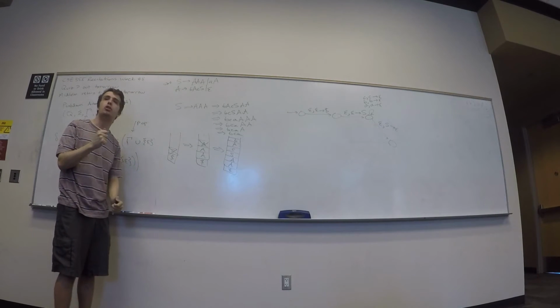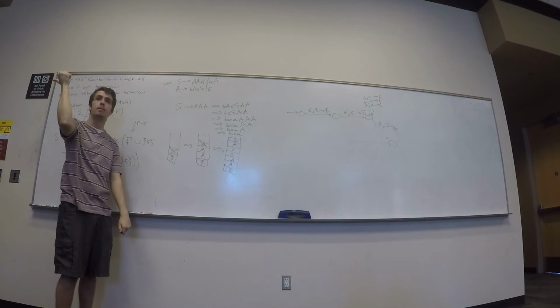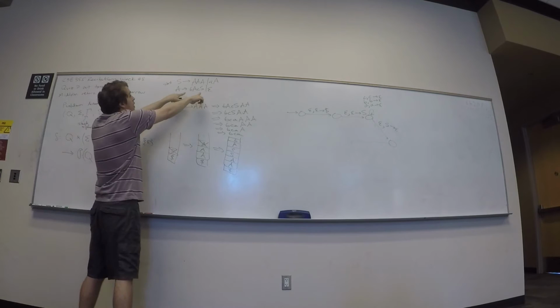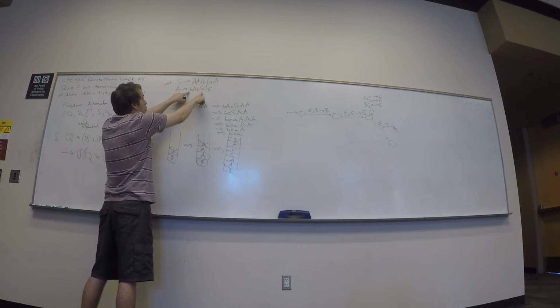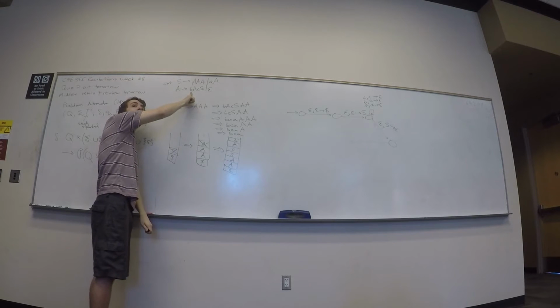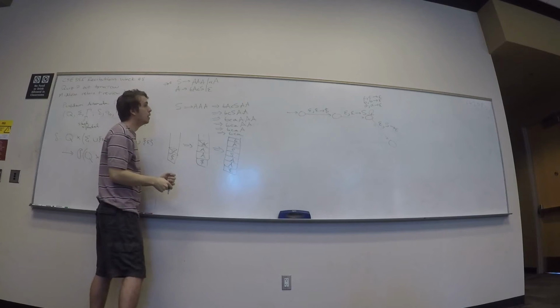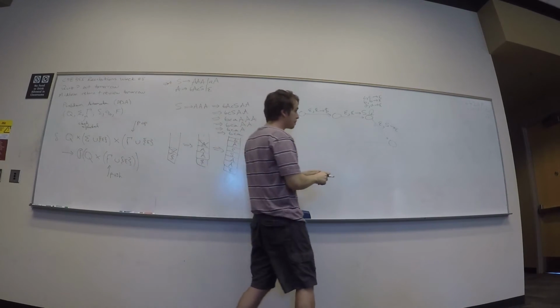What order should I push everything on? Should I push it this way or this way? Right to left, right? Because, for example, it doesn't matter for this one, but for this one, it matters because I want this B on the top. So I should push S first and then go this way. But for this one, it doesn't matter, obviously.